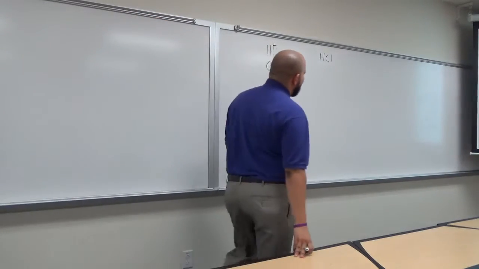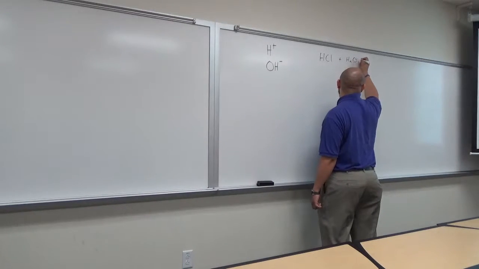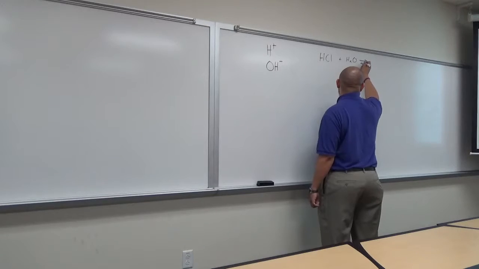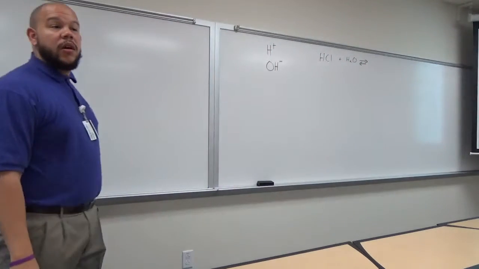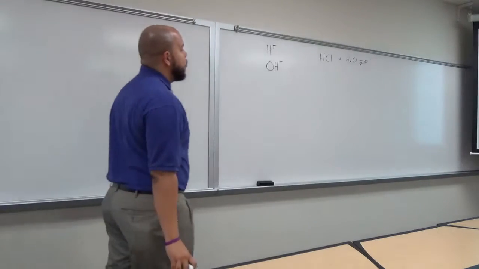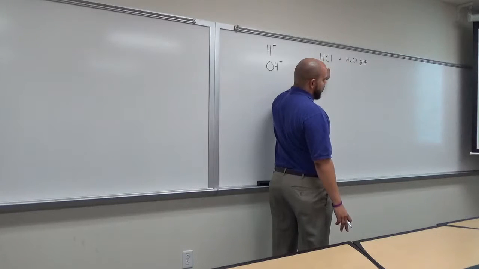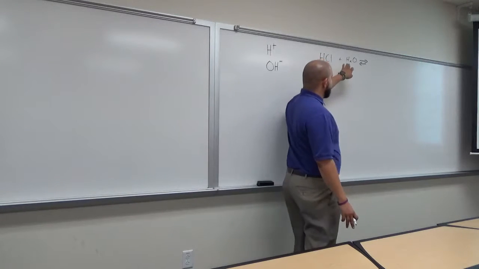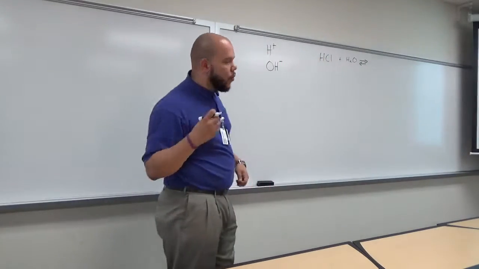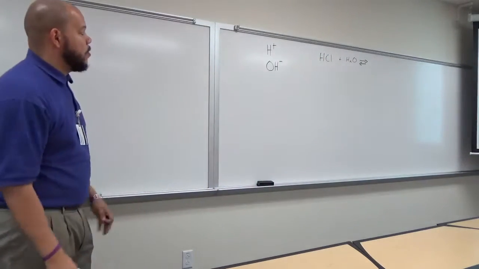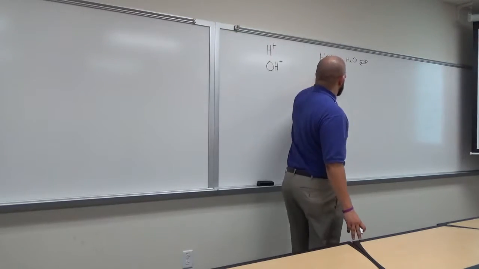When hydrochloric acid is dissolved in water, an equilibrium type system occurs, and what we have is the donation of this proton to water. The reason why is what I'm going to try to get you to wrap your head around when we start talking about equilibrium constants. But HCl will donate a proton.